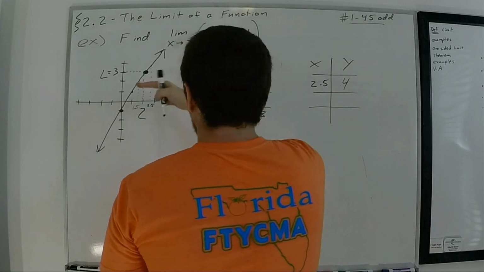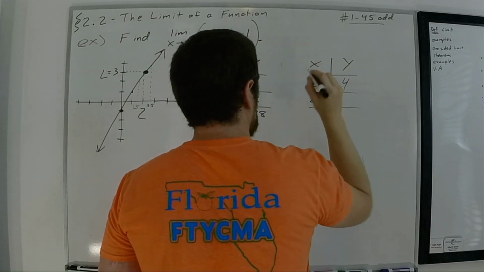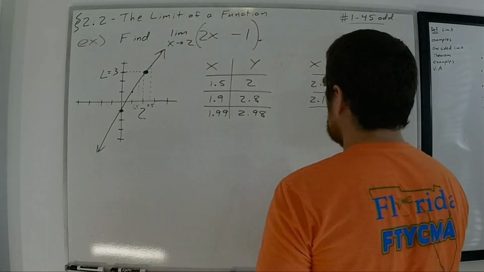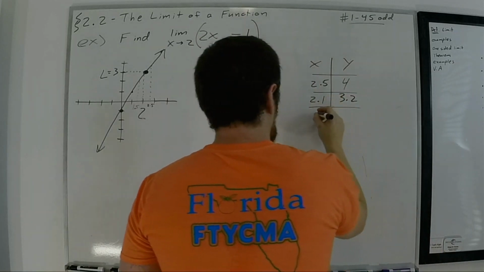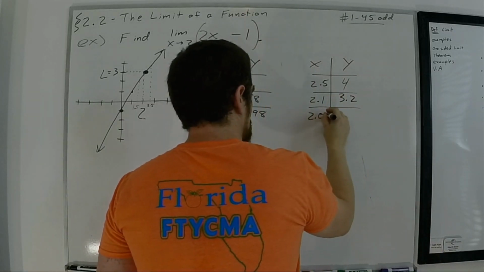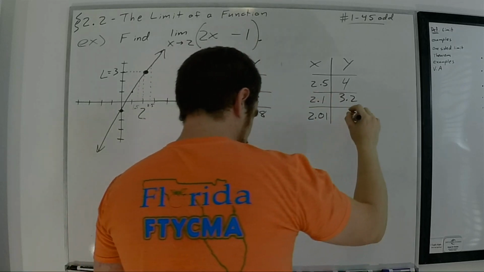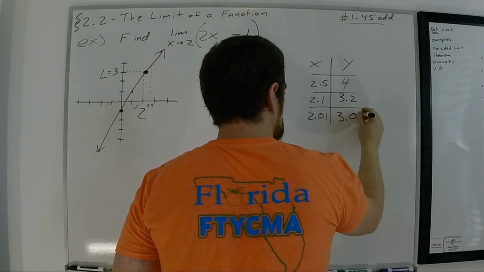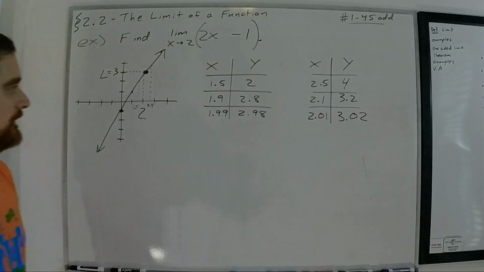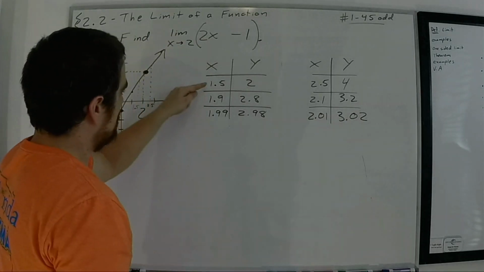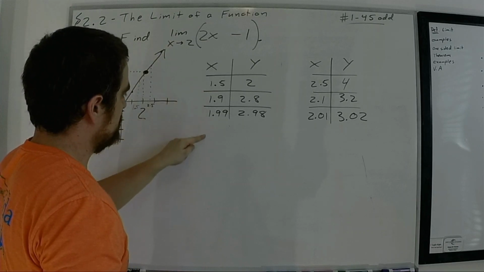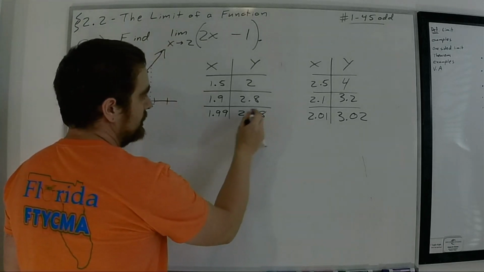If we get a little closer, say like 2.1, that's a little bit bigger than 2, but it's very close to 2, we get 3.2. If we plug in 2.01, that is very close to the number 2, we get 3.02. So you'll notice that in both cases, I'm getting closer to 2, and I'm also getting closer to 3, right?